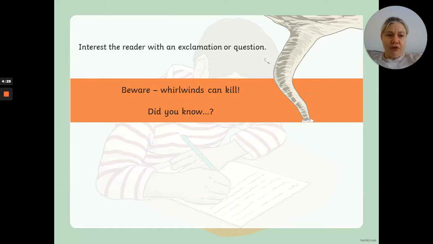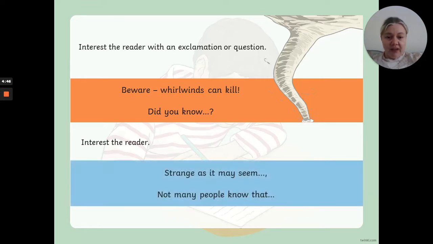Just like we used in our non-chronological reports. Remember, an explanation is a non-fiction text, so some of the features will be very similar to those that we've used previously when writing other types of non-fiction writing. So interest the reader. Strange as it may seem, not many people know that. Phrases that will grab the interest.